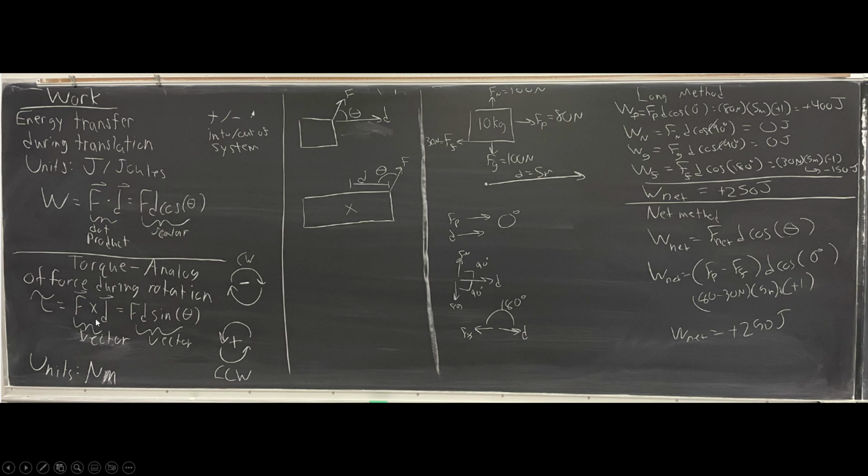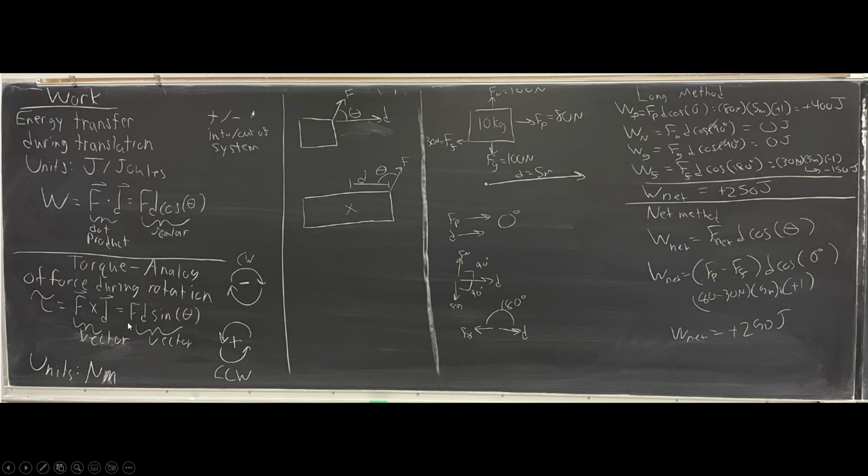Now, the cross product means that we're trying to get the part of force that is perpendicular to our distance, which also means that instead of cosine, we'll use sine. And a cross product of vectors gives us another vector. So force times distance times sine of theta gives us a new vector.